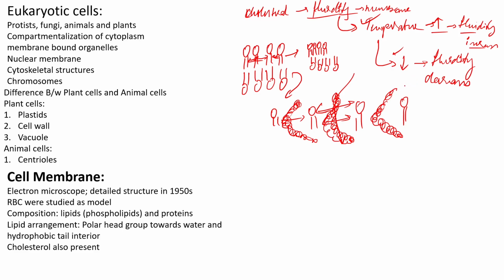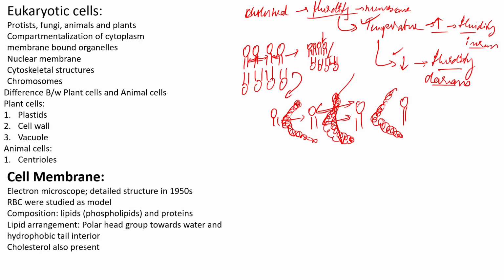Now what will be the condition if the temperature has decreased? We said that fluidity has decreased because the distance between the two molecules has also decreased. So you can create the space between the two molecules by adding more cholesterol. It is very similar to the situation where the temperature has increased, where more cholesterol molecules were added.